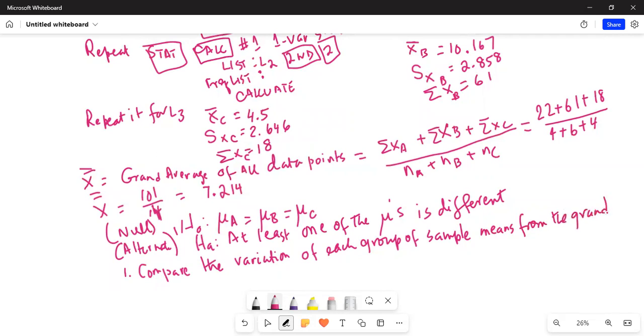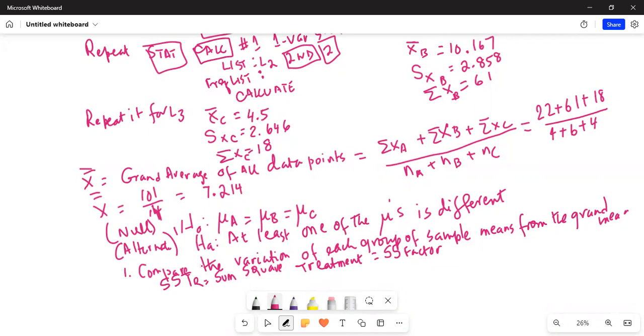This is called SSTR, or sum square treatment. Later on, you will see in the calculator, diet A is a treatment, diet B is a treatment, diet C is a treatment. In your calculator TI-84, this is called SS factor, sum square of factor. A is a factor, B is a factor, C is a factor.